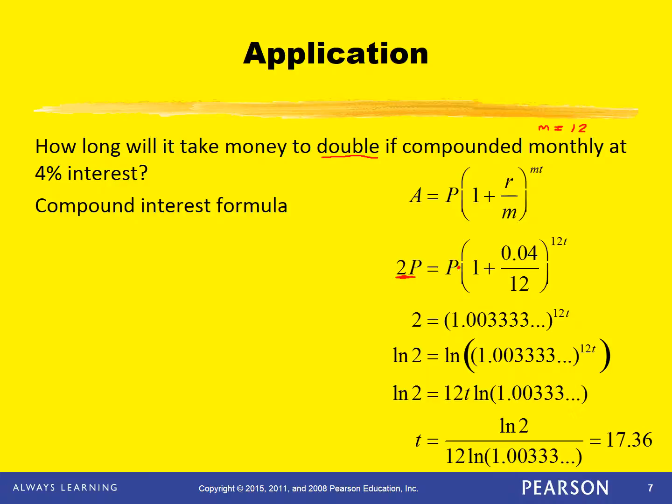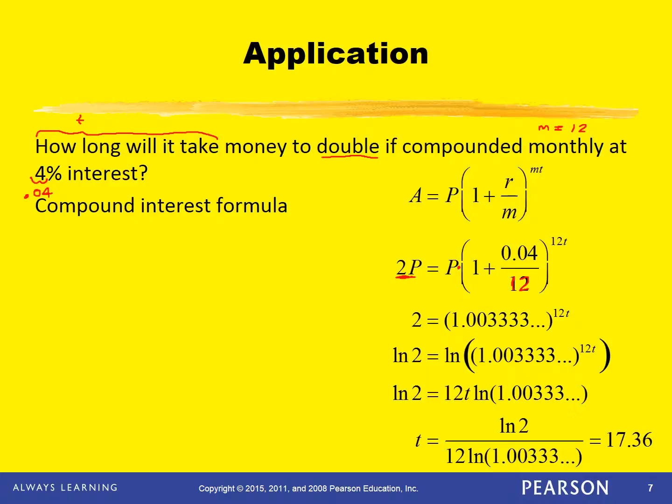So that's why 12 appears right here. And T, that's what we're trying to find, right? How long will it take? That's what T is. And R, the interest rate, is 4%, which in decimal, move the decimal 1, 2 to the left, is 0.04, and that's why that number appears in the expression.